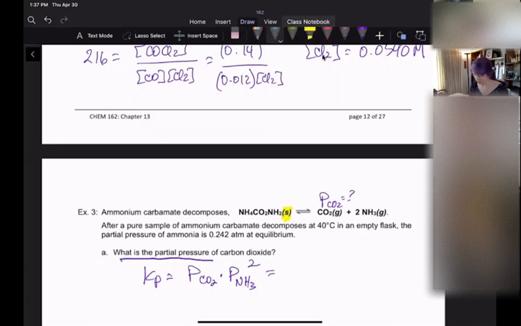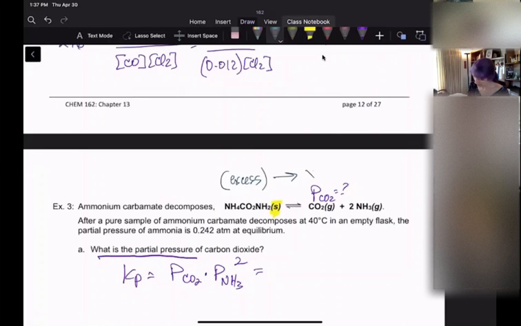Getting kind of creative algebraically. So we have some excess of this solid, and it's going to react here. For every CO2 molecule, how many NH3 do we form? For every x that reacts away, we're going to get x CO2 and 2x for the ammonia. At equilibrium, this is 0.242 atmospheres.